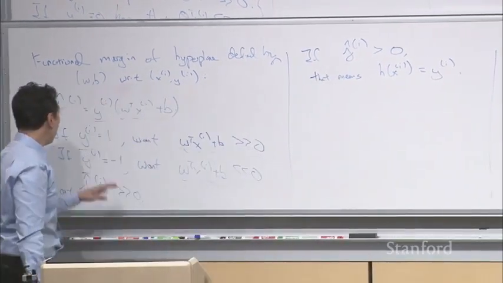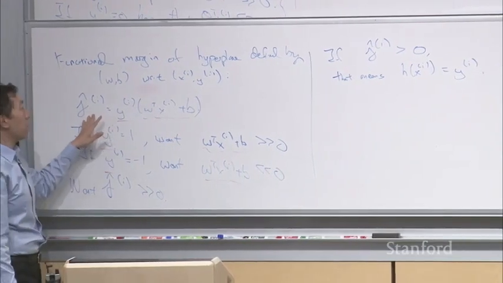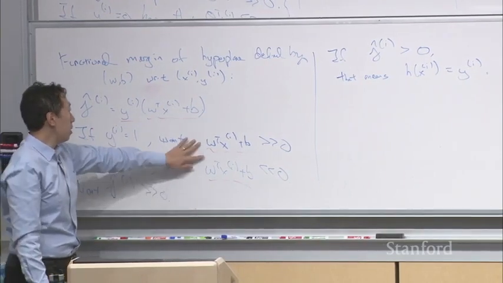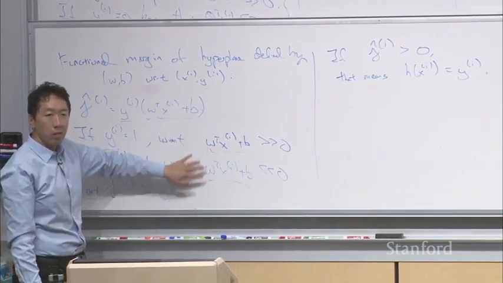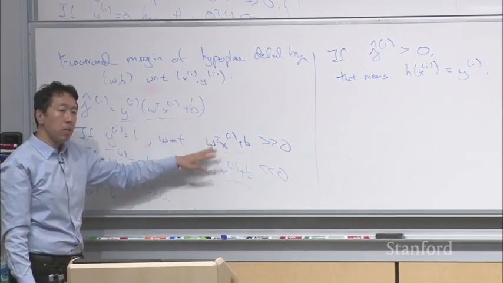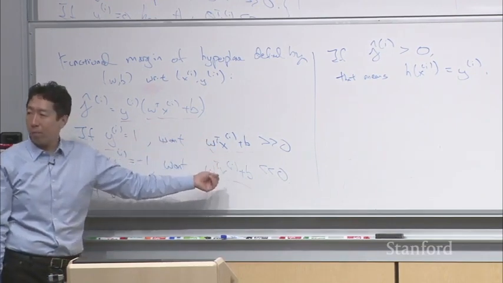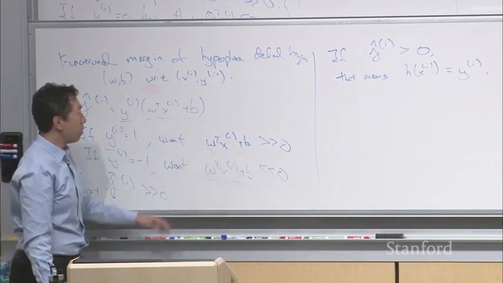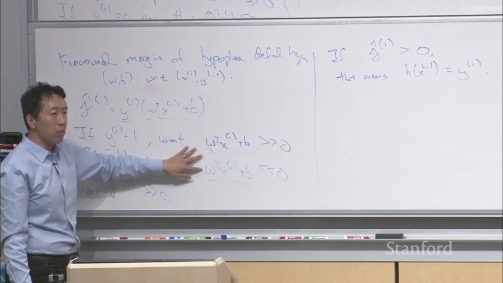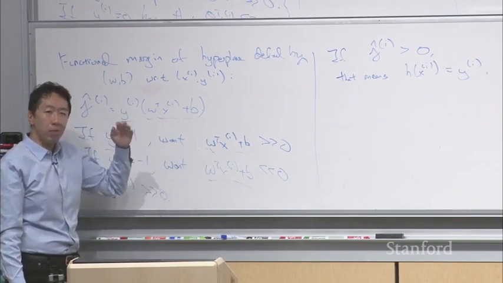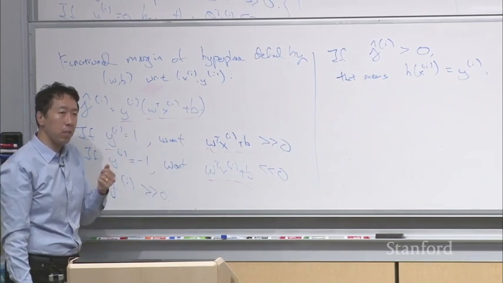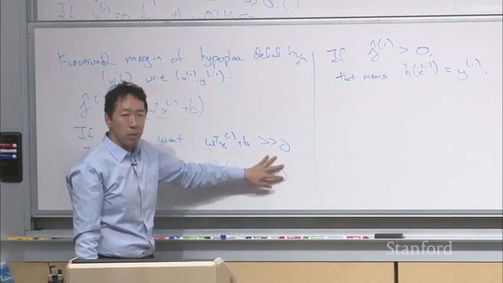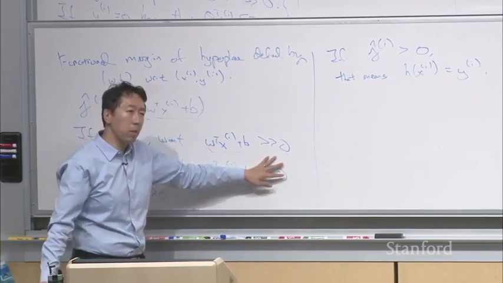So long as the functional margin is greater than 0, it means that either this is bigger than 0 or this is less than 0, depending on the sign of the label. And it means that the algorithm gets this one example correct at least, right? In the logistic regression case, it means the prediction is at least a little bit above 0.5, or a little bit below 0.5 probability, so that at least gets it right. And if it's much greater than 0, or much less than 0, then the probability output in the logistic regression case is very close to 1 or very close to 0.